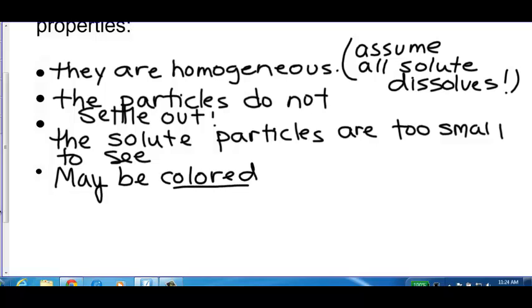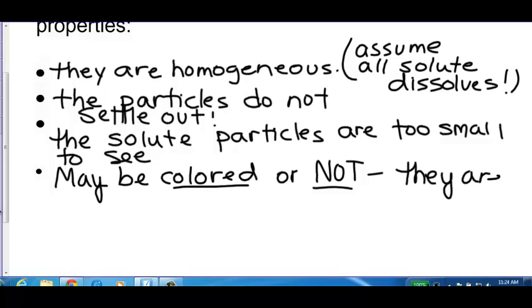Kool-Aid is colored, like grape Kool-Aid or cherry Kool-Aid. It could also not be colored, like salt water. They don't have to be colored to be a solution, but they do allow light to pass. Whether they're colored or not, they are transparent. They do allow light to pass.